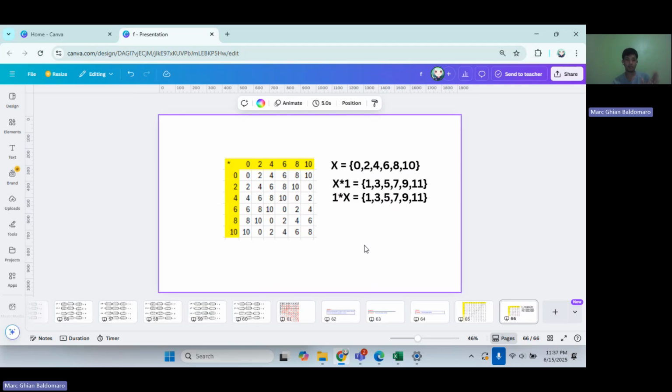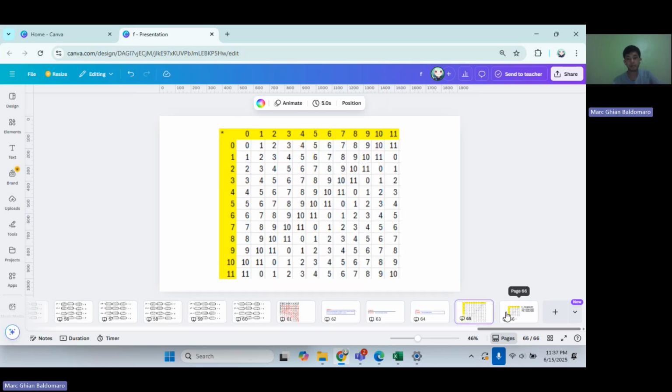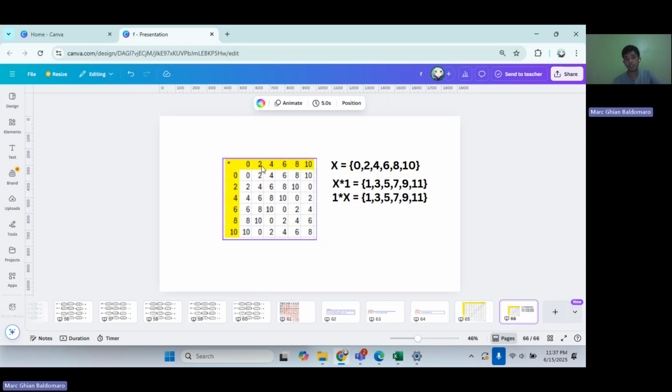The index of each subgroup is the order of the group divided by the order of the subgroup. For example, the original has 12 elements and the subgroup has 6 elements, and 12 divided by 6 is 2. And the number of cosets is also 2.